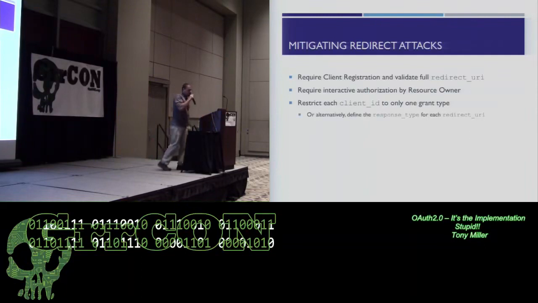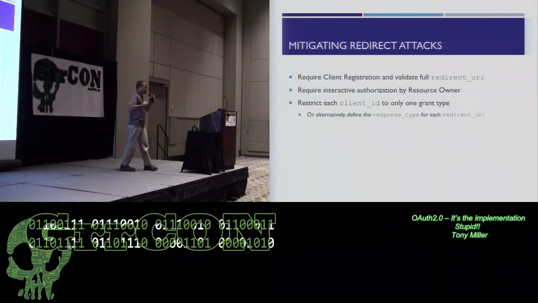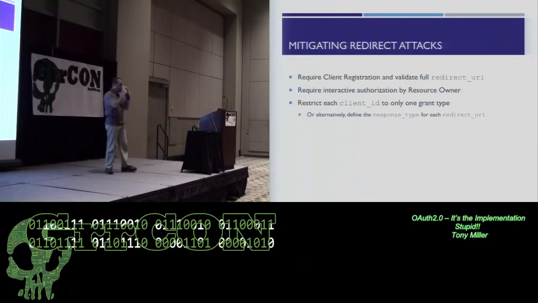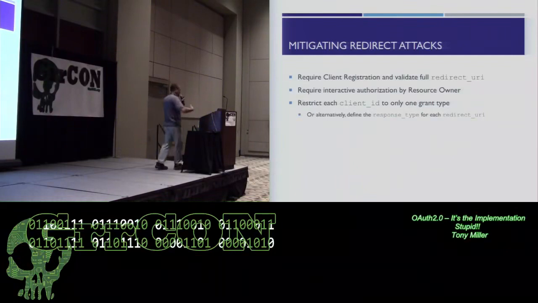Getting into some defense in depth strategies for this, ways we can go beyond just the simple, okay, I validated the redirect URI. What about restricting client IDs to only one type of grant? So their response type can only be one value for each redirect URI that they supply.